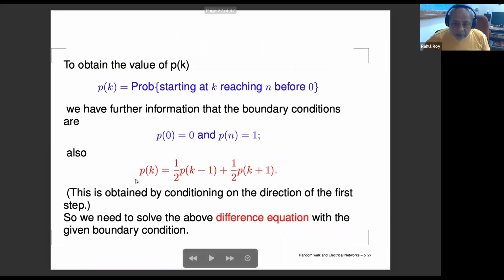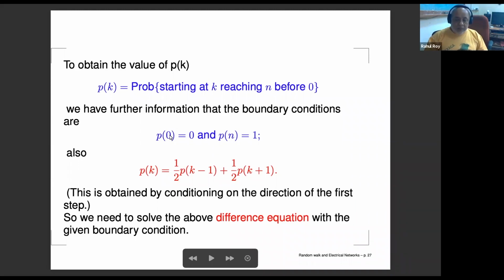So to obtain pk, remember, pk is starting at k, reaching n before 0. n was home and 0 is the bar. What do we have? We have some further boundary conditions, namely, if Johnny Walker starts at 0, of course, he is at 0, and so he cannot be at home before the bar.